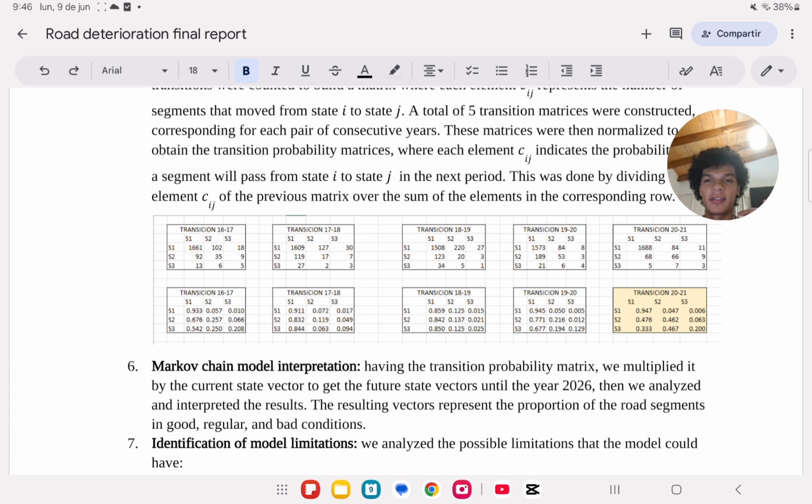So for example, in this year, all the S1s that stayed in S1, the S1s that went to S2, the S1s that went to S3, and that's how all the Excel is made up. And we finally have the transition of 20 to 21.